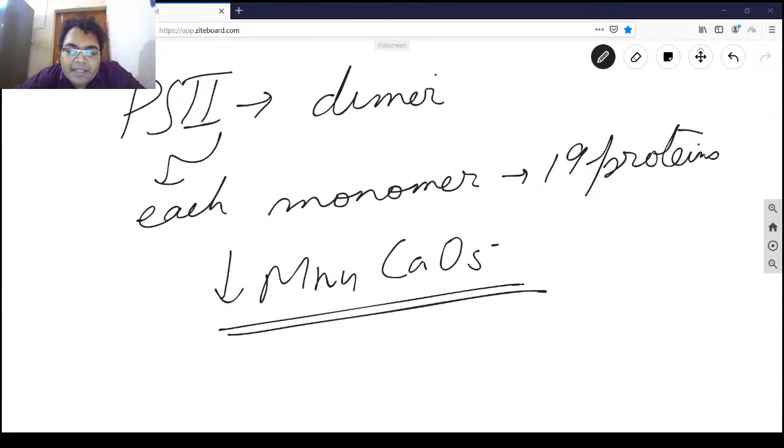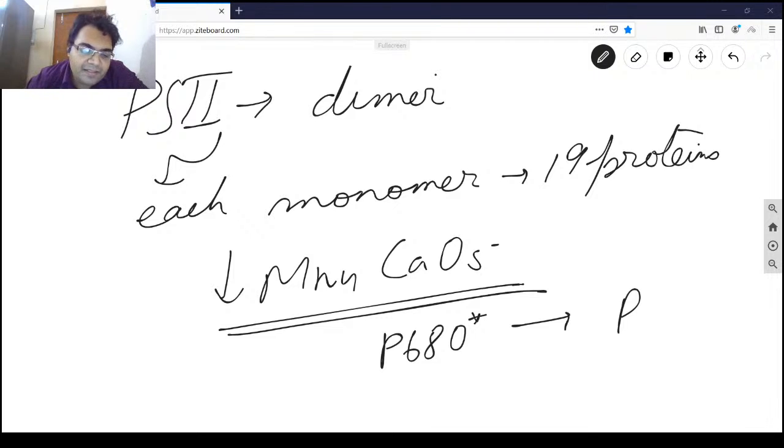And what happens is when the excitation happens in P680, it produces P680 star. It has got ionized. It is an excellent electron donor. So within a picosecond, it transfers an electron to pheophytin and provides it one negative charge. And with the loss of its electron, P680 star transforms to a radical cation, P680 plus.